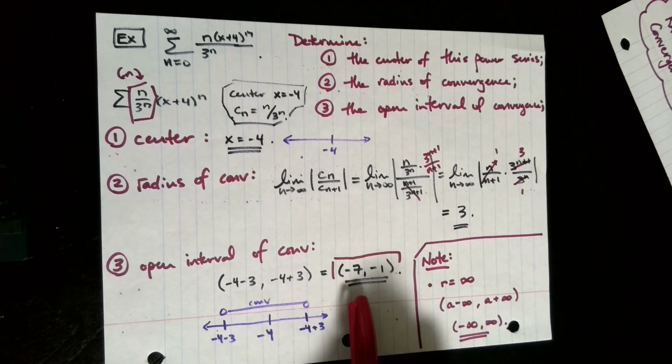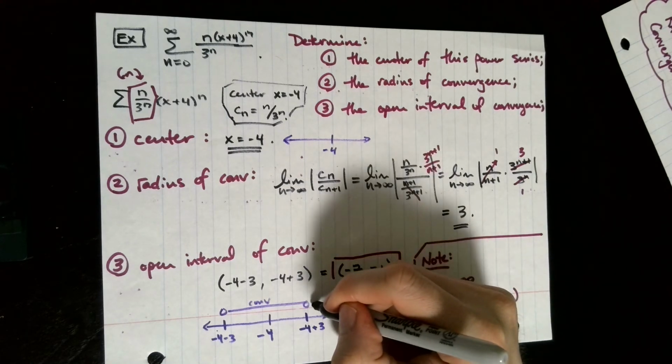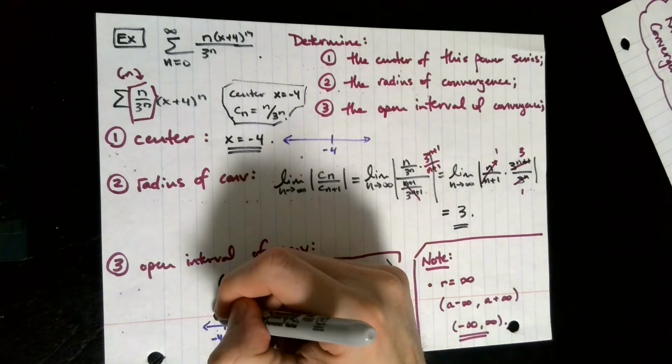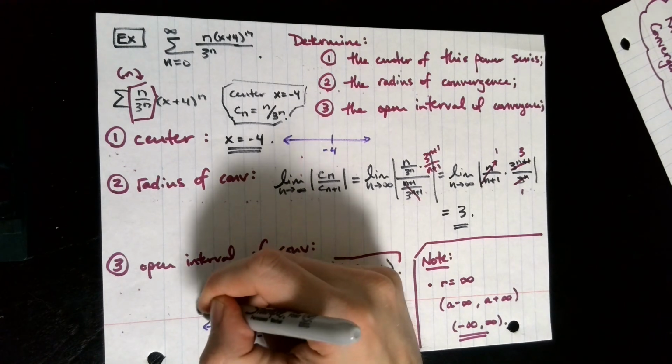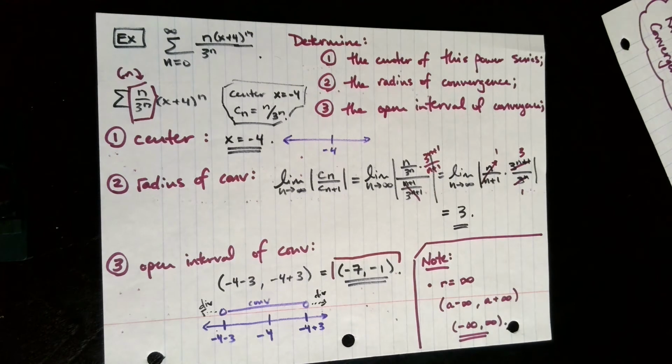So these are values where our series will converge, and in fact, outside of this interval, if you go beyond the boundary of the interval, these will be values where the ratio test would give you an expression greater than 1, where the ratio test would diverge. But the long story short here is we have an open interval of convergence of -7, -1.